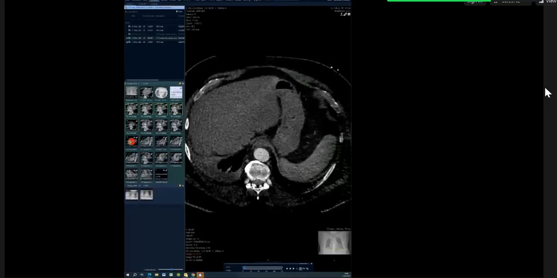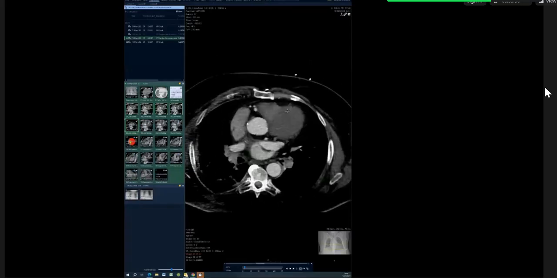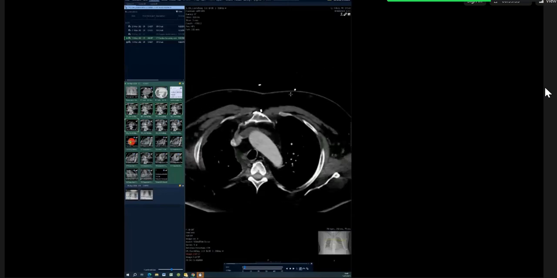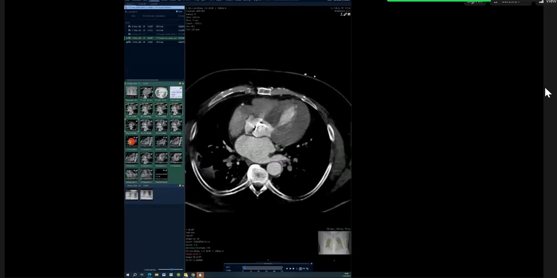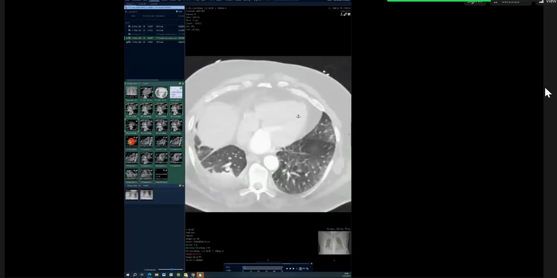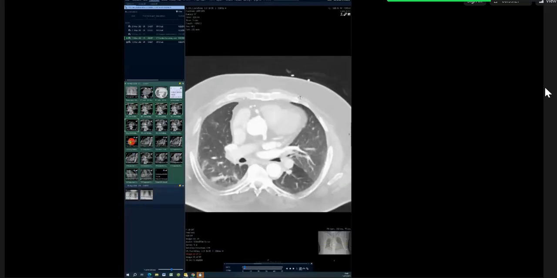And I'm going to give you another reformat to see how you do with that. So I told you the patient has an aortic valve replacement, and an abnormal echo, and is in heart failure. You see the heart failure changes with a bit of pleural effusion, some septal thickening.